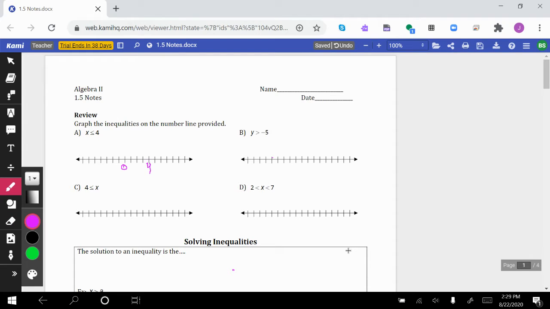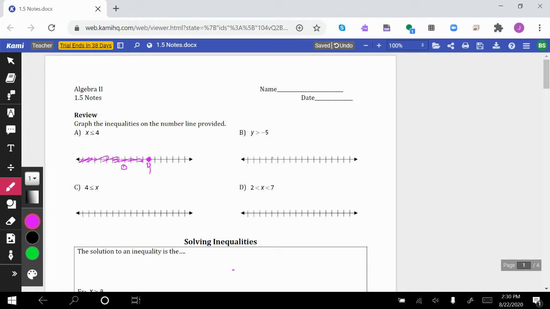We're going to fill in our circle because it is less than or equal to. If we have that "or equal to," we fill in our circle. And x is less than or equal to 4, so we're going to shade in all of that.